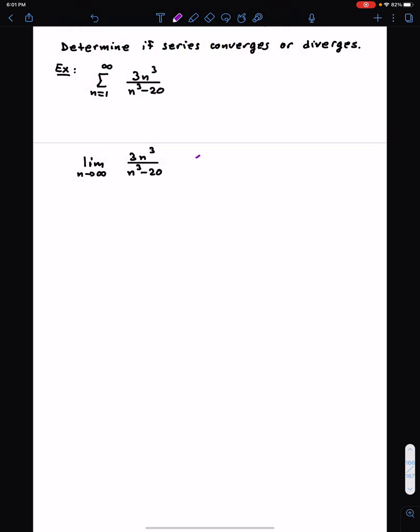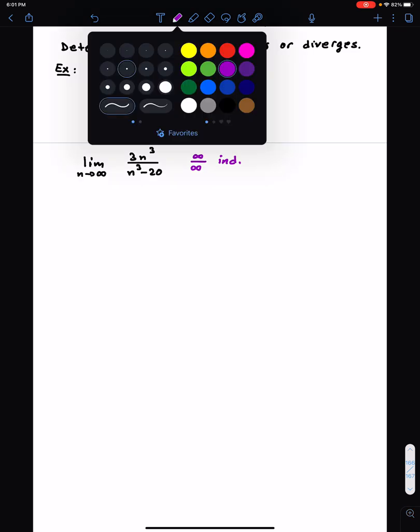If I take a limit, I have infinity divided by infinity, which is an indeterminate form. You can use L'Hopital's rule. You can use a Calc 1 technique where you divide numerator and denominator by the highest degree term in the denominator.